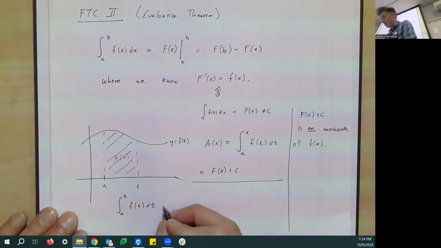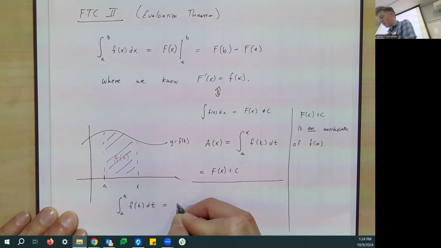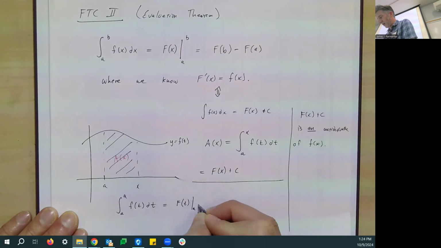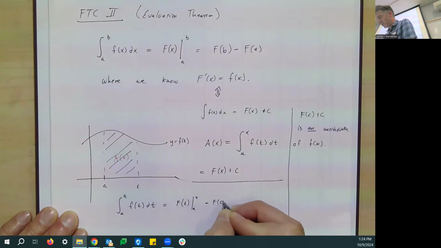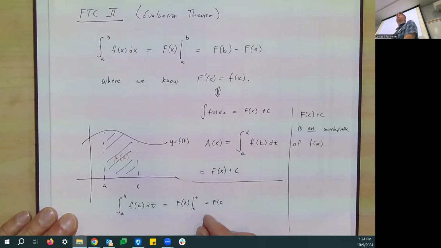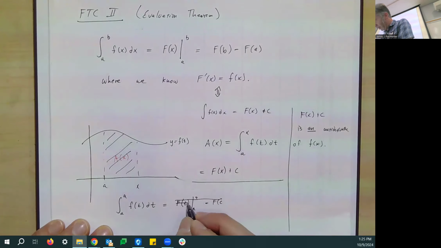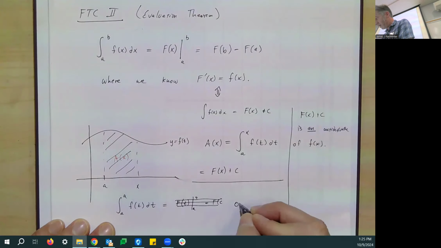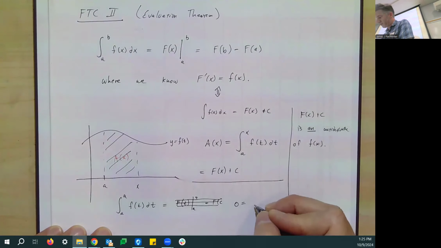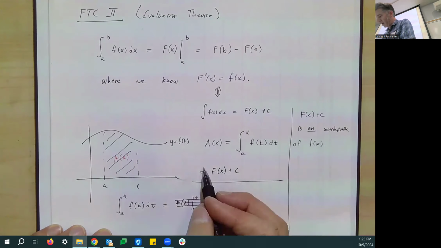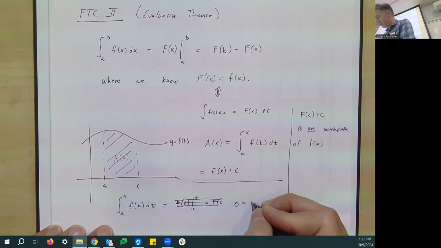Right, it's equal to 0, which we can think of as the antiderivative, capital F of t, evaluated from A to A. The thing I meant to say here is that this is equal to 0, but we also know it's equal to essentially f of x plus c, f of A. There we go.